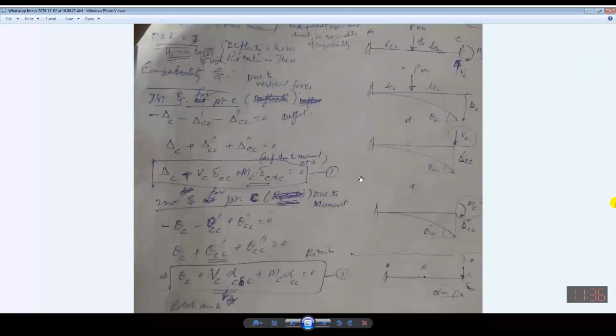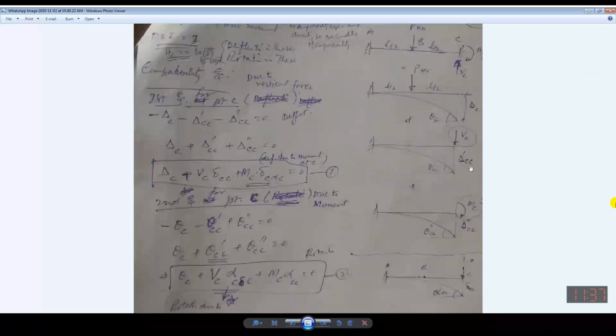Keeping this in view, what will it be if I consider the deflection? Then deflection delta C plus delta dash CC plus delta double dash CC. I have written it as double dash, and double dash shows the effect of moment. So delta C plus delta dash CC plus delta double dash CC should be equal to 0.